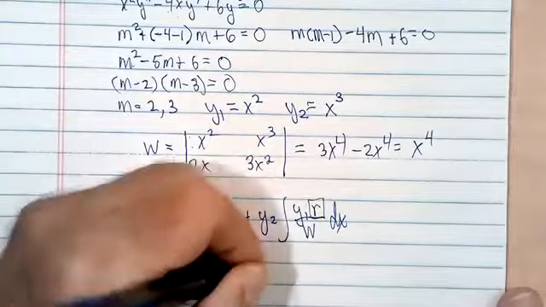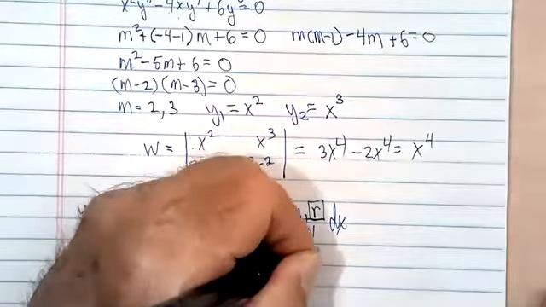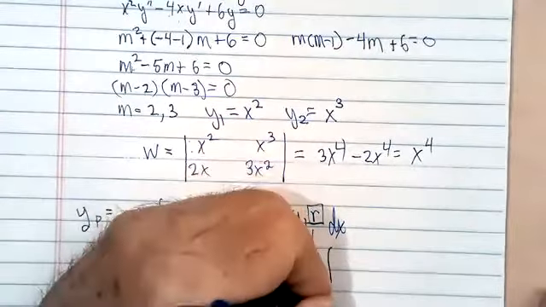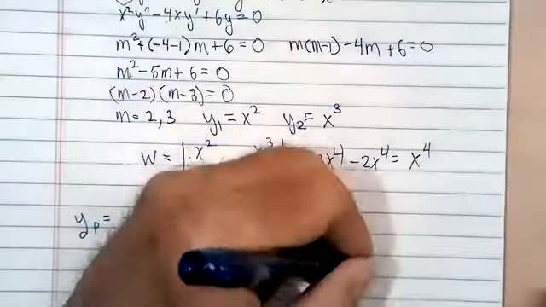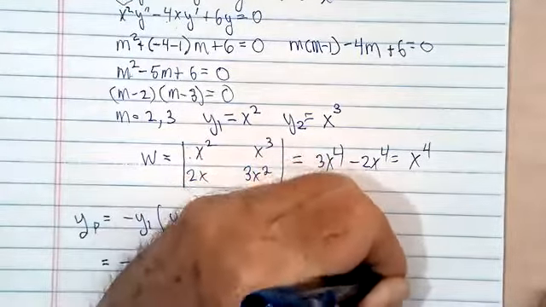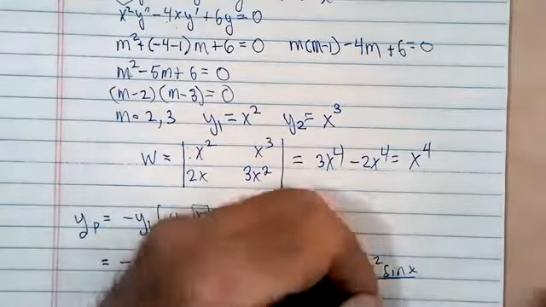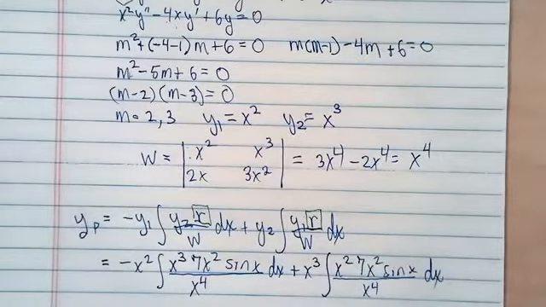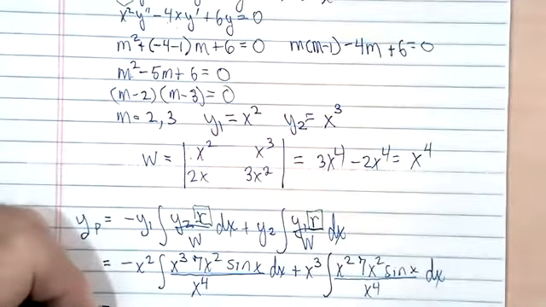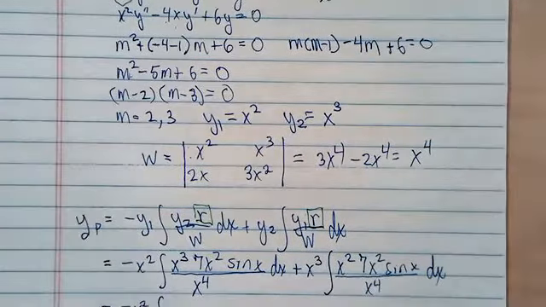Oh, my word. dx plus y2, y2 is x cubed, times the integral of y1, x squared, times r, 7x squared sine of x, over w, which is x to the fourth, dx. And it probably won't win any awards for popularity, but it could be a lot worse.